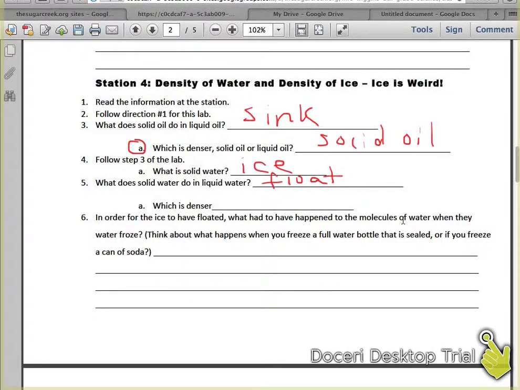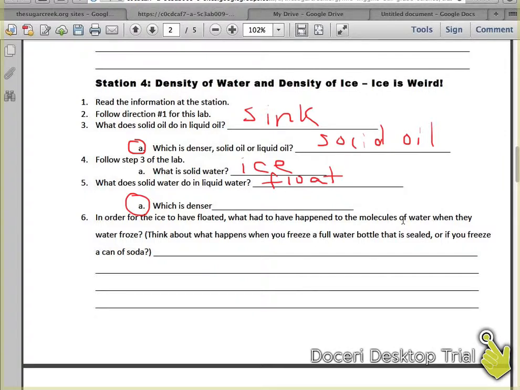Okay? So I got answers like oil something there, and I'm like, the question says, what does solid water do in liquid water? And they were not answering the question. They were answering something else, and I have no idea why. Then, if you look at 5A, pay attention here, 5A goes to what? Number 5.